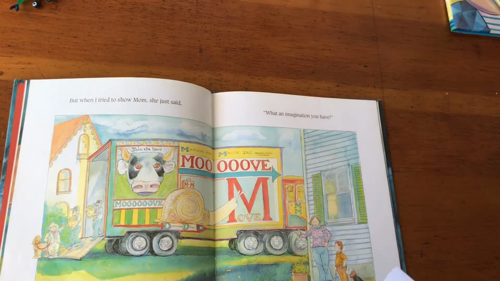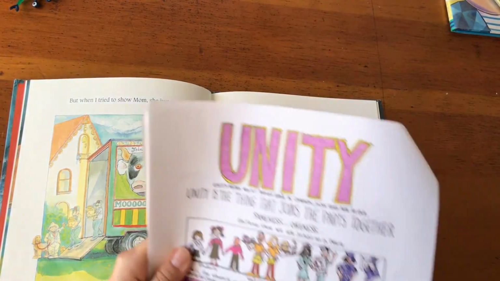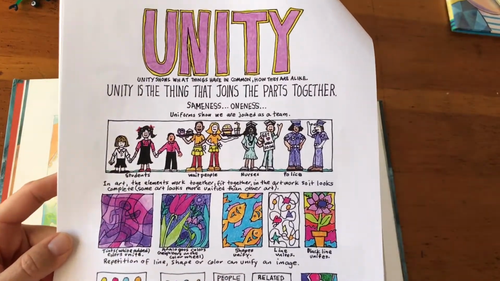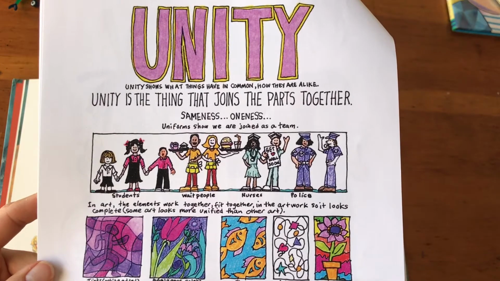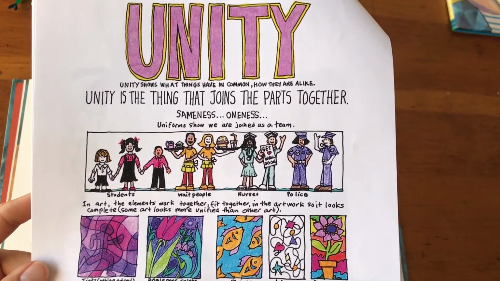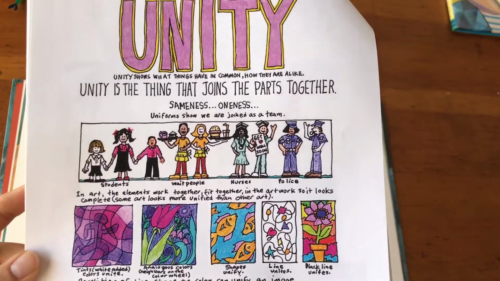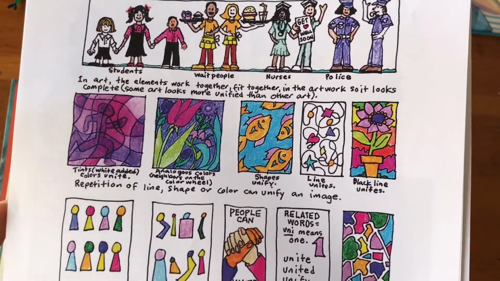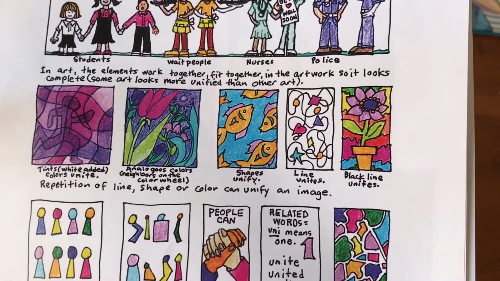Now, the next principle of design we're going to look at is unity. Unity is the thing that joins the parts together. Uniforms show we are joined as a team. In art, the elements work together, fit together in the artwork so it looks complete.